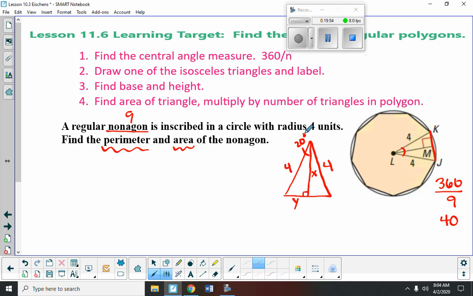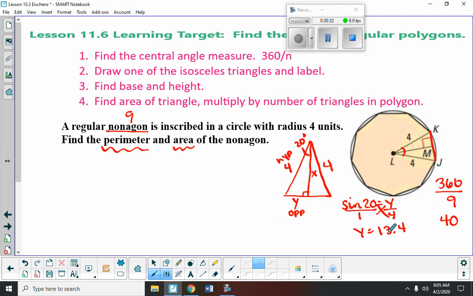So let's start out by finding y. Y is the opposite, and the side that we're given is the hypotenuse. So that would be sine. So the sine of 20 equals the opposite y over the hypotenuse 4. And we cross multiply, so y would equal 4 times the sine of 20. And that gives us 1.4 approximately.